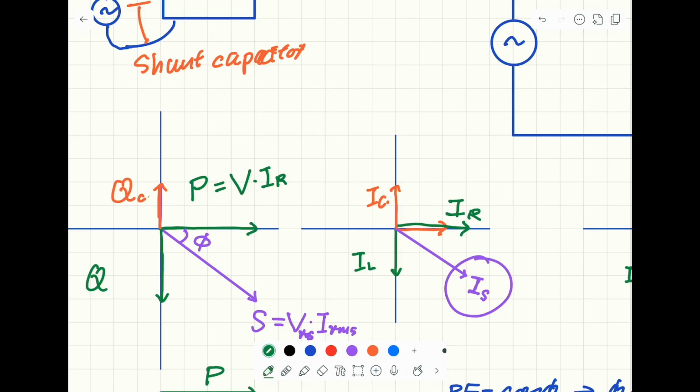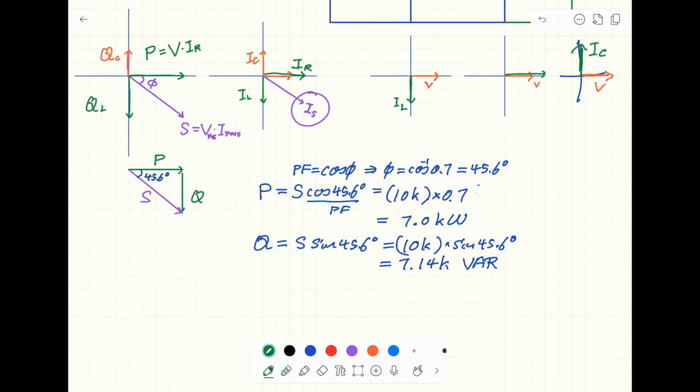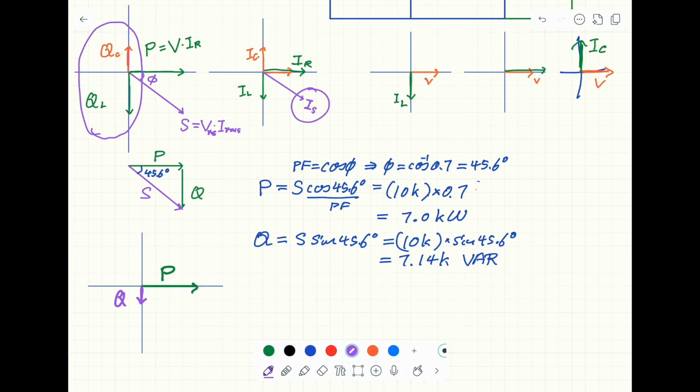So I should put this one here. Now, say I want to put a capacitor such that the new overall power factor is equal to 0.95. So what I mean is, after you add these two together, you want this one to become 0.95. And this is how I will draw Q, the new value of Q after you put the capacitor.